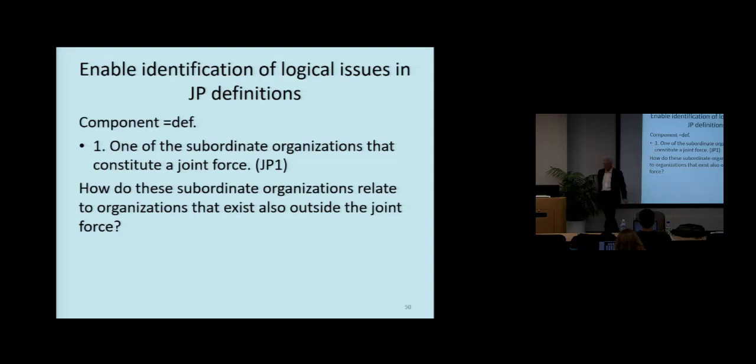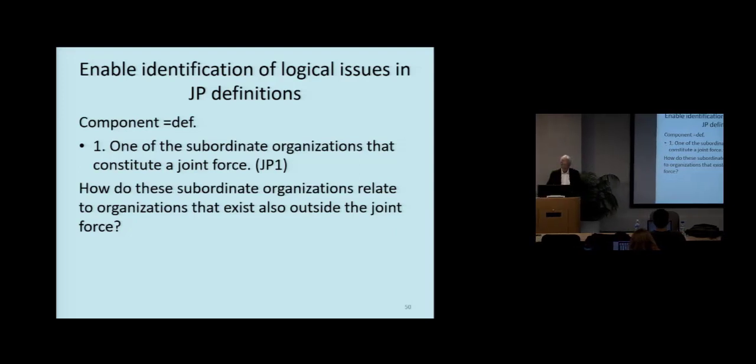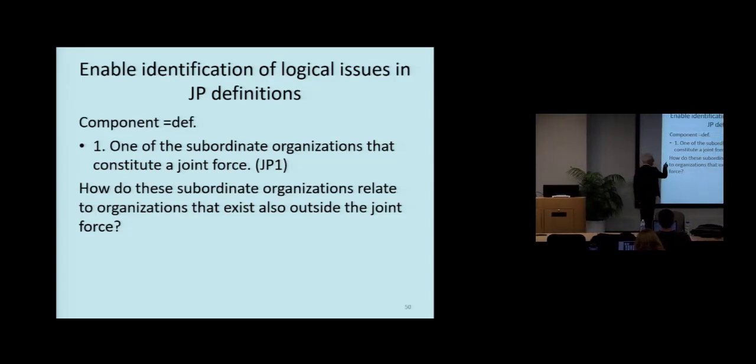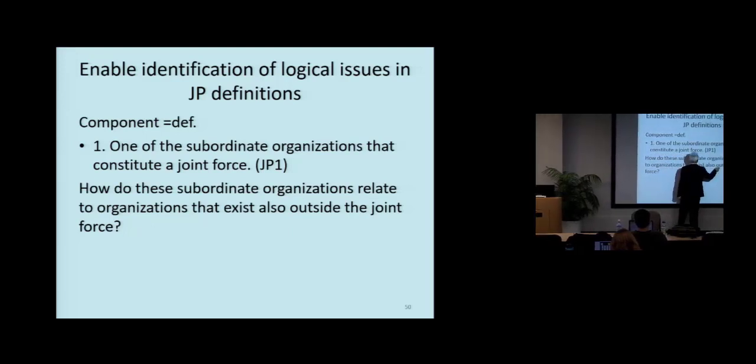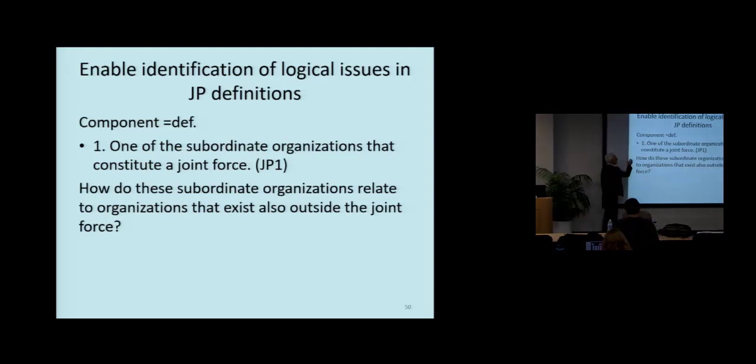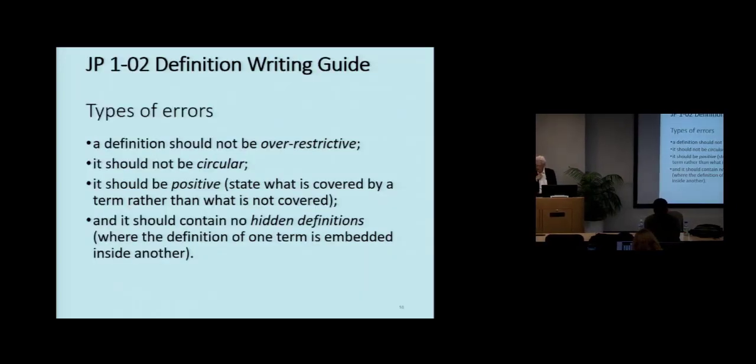But leaving that aside, there are organizations which exist outside the joint force. And this doesn't tell us how we deal with organizations that are outside the joint force, but which these subordinate organizations relate to. And it will help us to recognize types of errors.